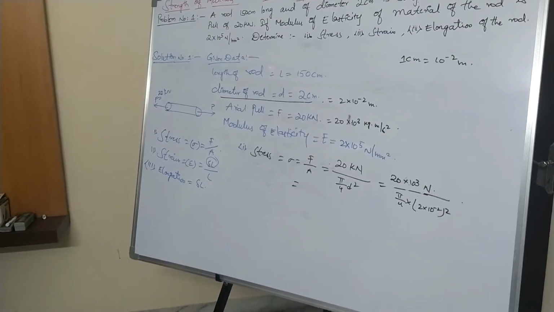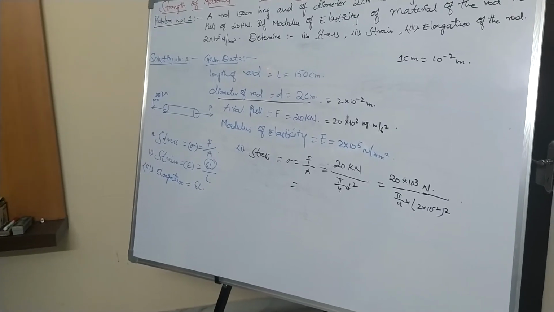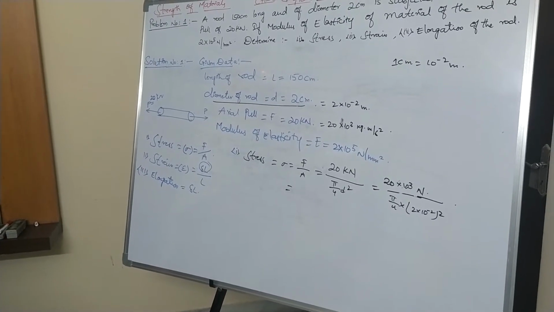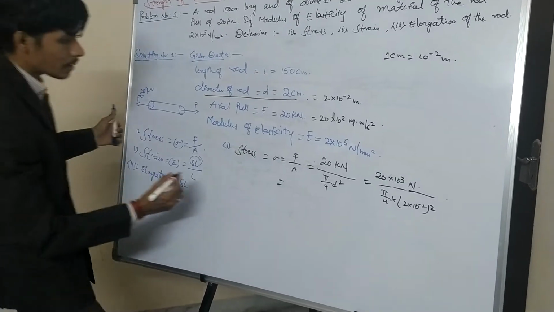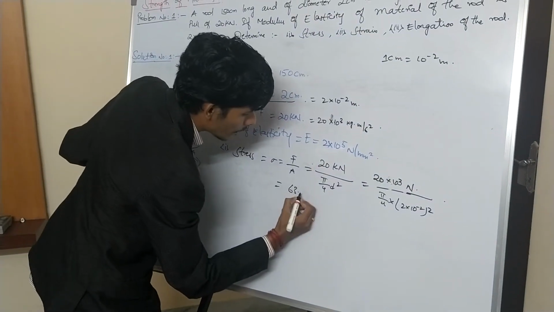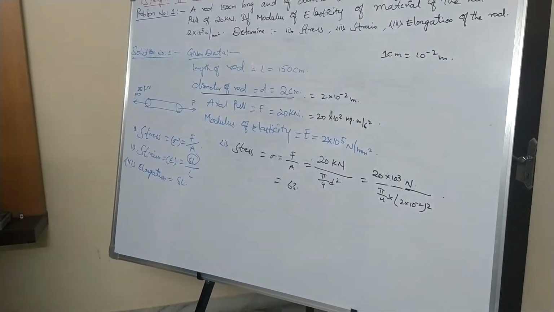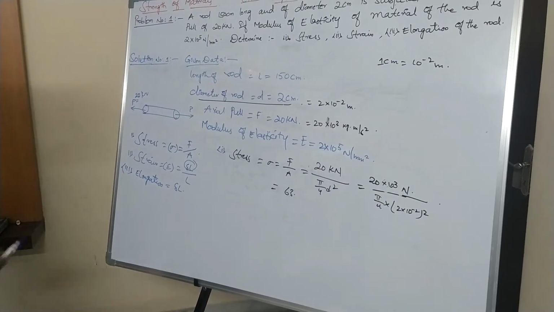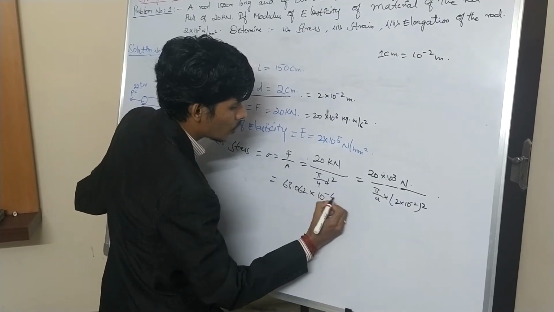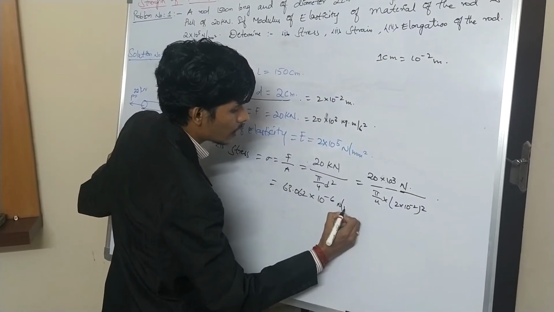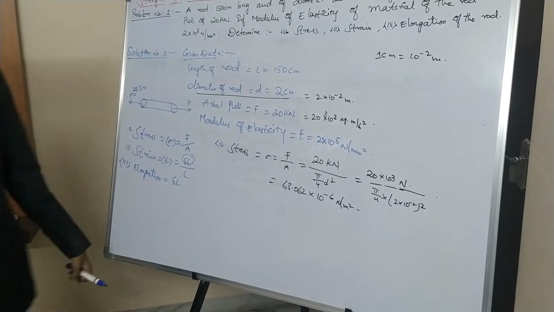so on calculation you can get 63.062 into 10 to the power of minus 6 Newton per meter square.